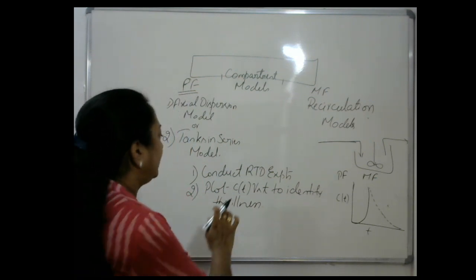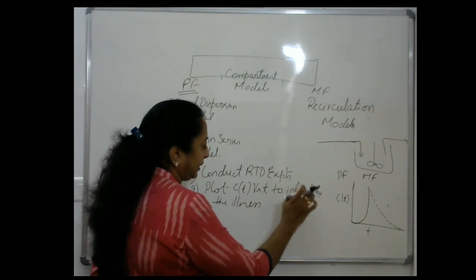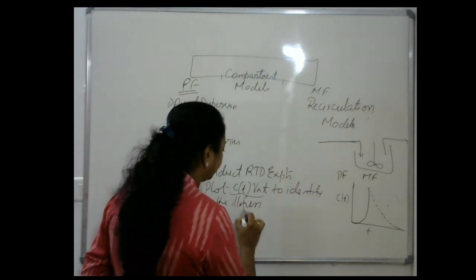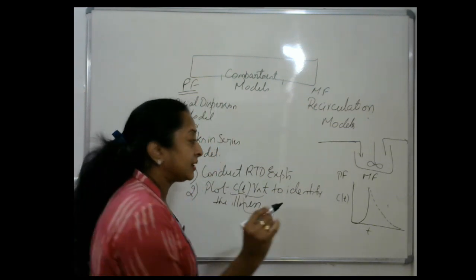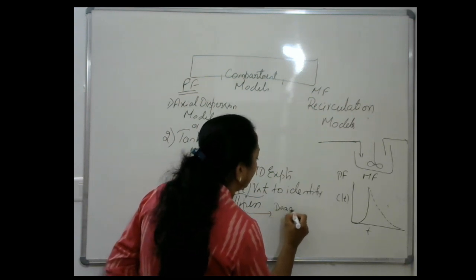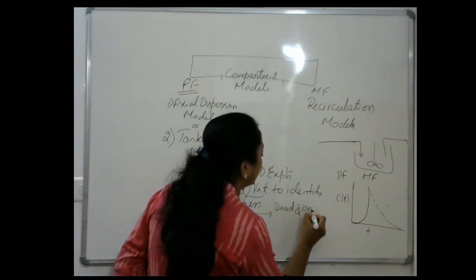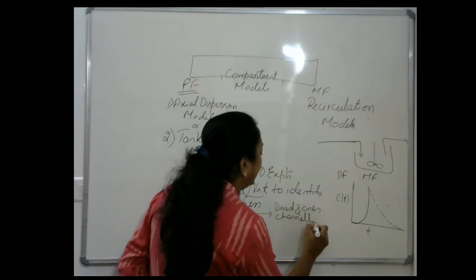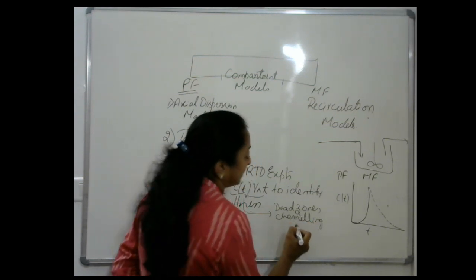And this concentration that you are plotting, whatever is coming out, did not account for dead zones. It didn't account for channeling. It didn't account for bypassing or short circuiting.